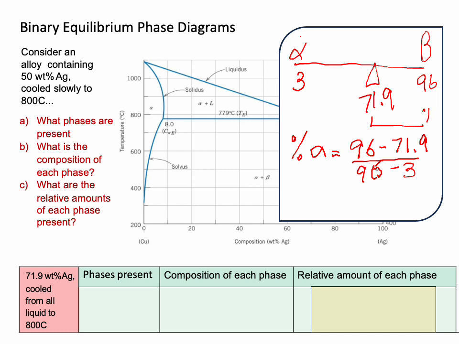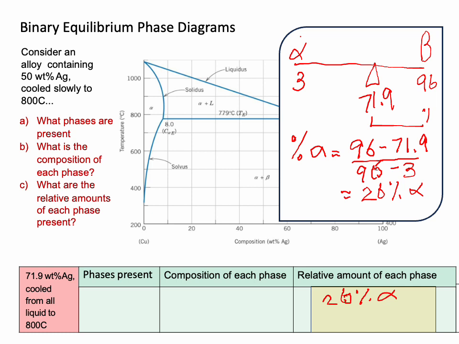So that's 26%. And the percent beta should be 100 minus 26, or 74%, but we can calculate it.